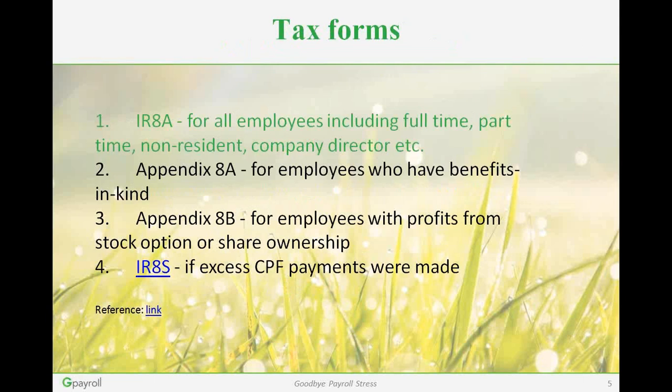So there is a total of 4 forms: IR8A, Appendix 8A, Appendix 8B, and IR8S. So I will go through what the different forms are for. The most common one is the IR8A form, which includes all the employees, whether full-time, part-time, foreigners, as well as company directors.